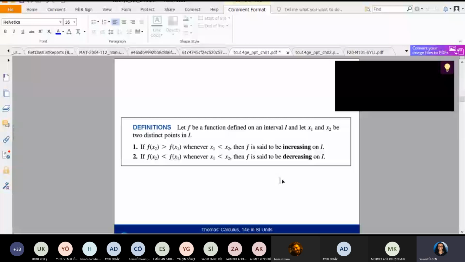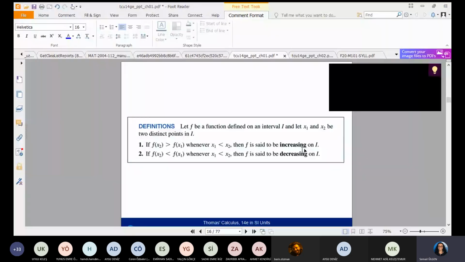We are going to say a function is increasing if, as you move towards right, the function is getting bigger. Then f is increasing. We are going to say a function is decreasing, on the other hand, if it goes down as you move towards right. These are the formal definitions of increasing and decreasing functions.